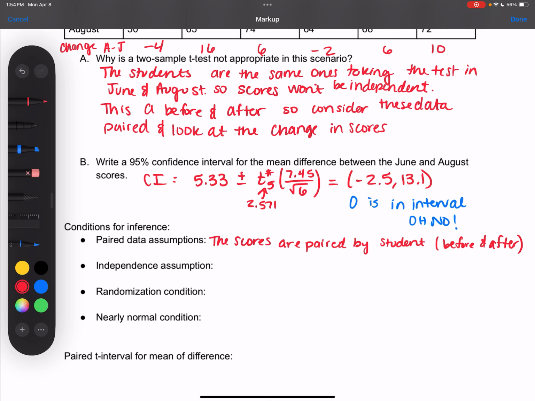The independence assumption: obviously each student is independent, and 6 students is less than all, so we include in this assumption the 10% condition as well. So I'm going to say slash 10% here. 6 students is less than 10% of all students. And each student is independent.